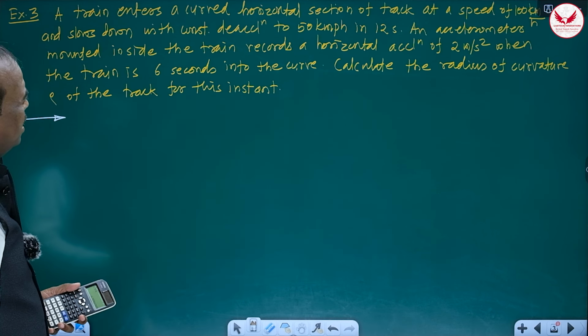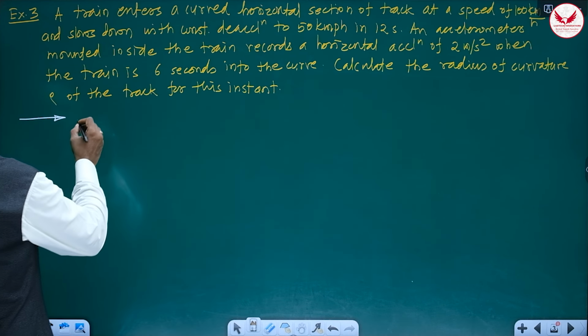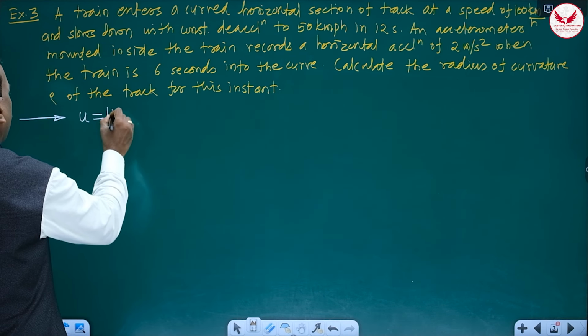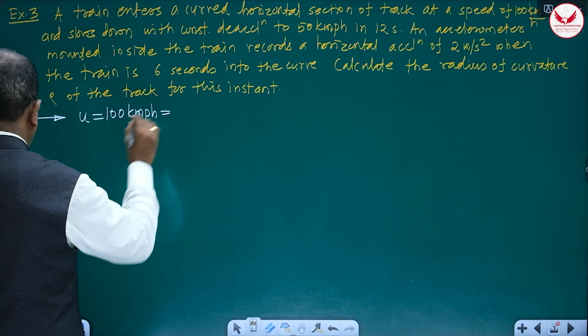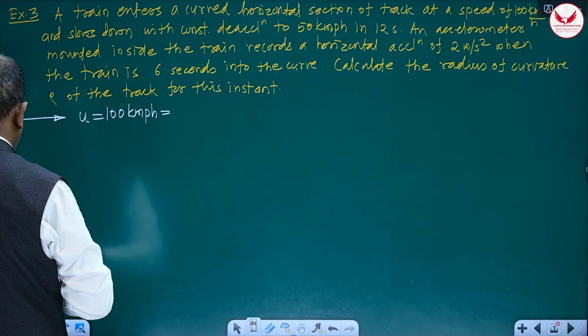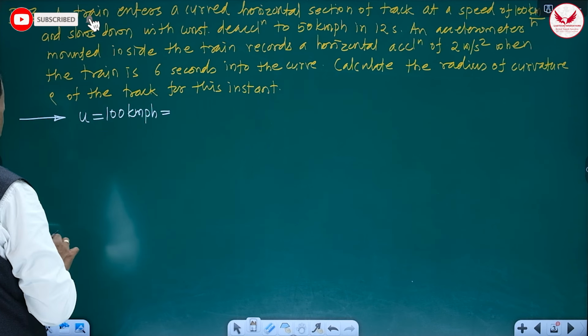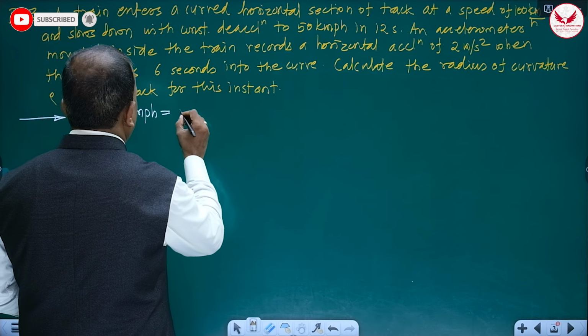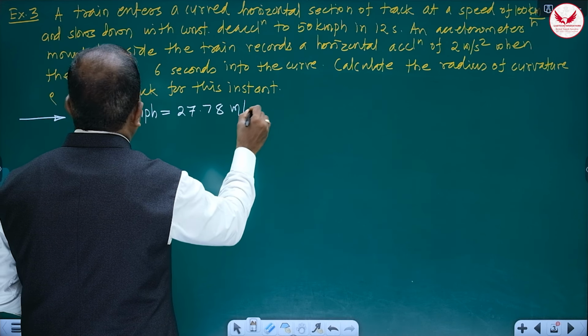A train enters a curved horizontal section of the track at a speed of 100 kmph. Means initial speed is 100 kmph. 100 kmph, that means 100 divided by 3.6. It is 27.78 meters per second.